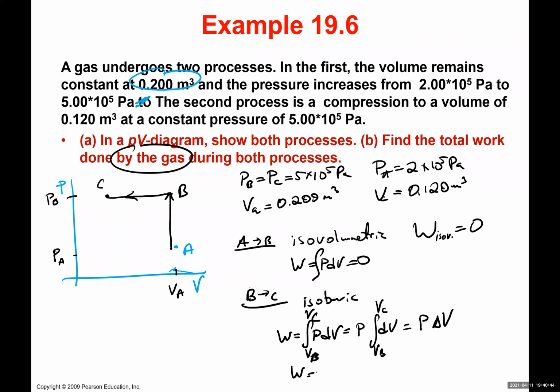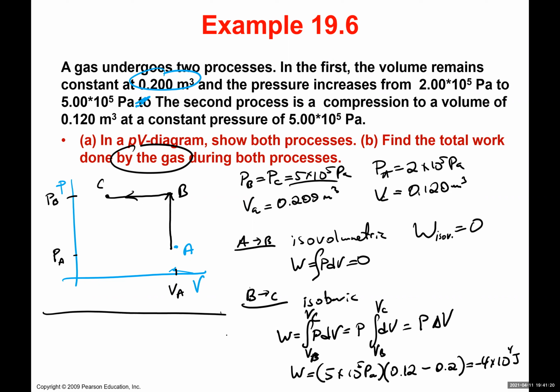So that means work done is equal to pressure, 5 times 10 to the 5 Pascal, and change in volume. So it's a compression, right? Going from 0.2 to 0.12. That means final is 0.12 minus 0.2. And so that's technically going to give me a negative number. So I'm going to get then negative 4 times 10 to the 4 joules. That's going to be my work done.